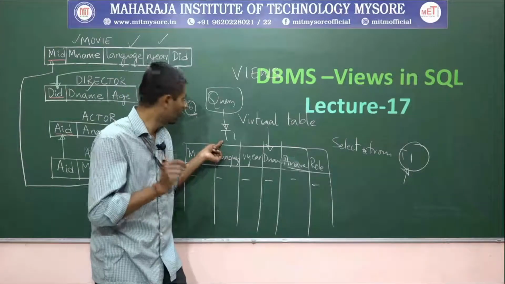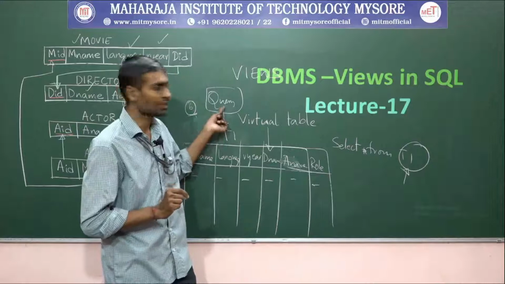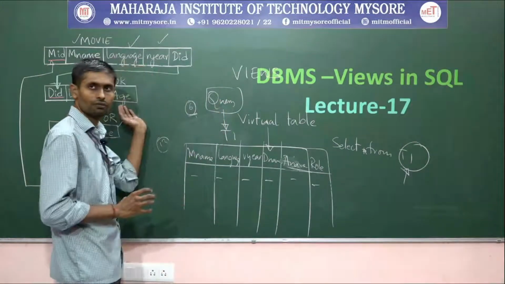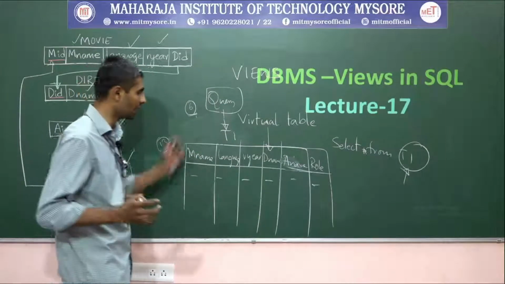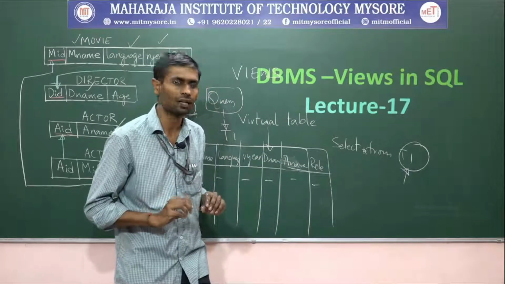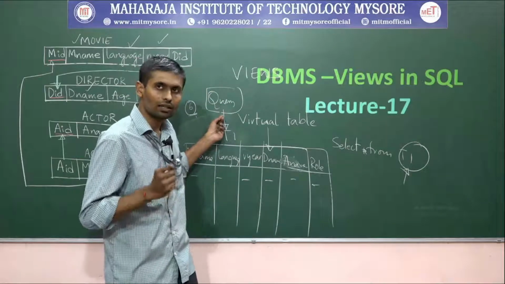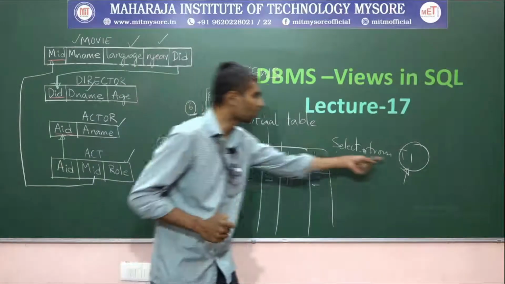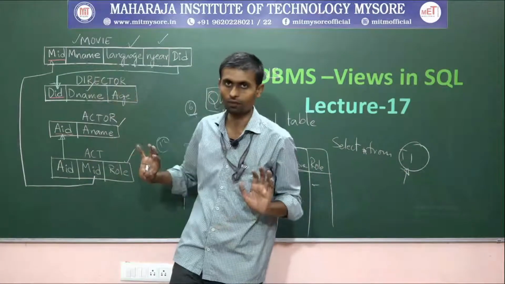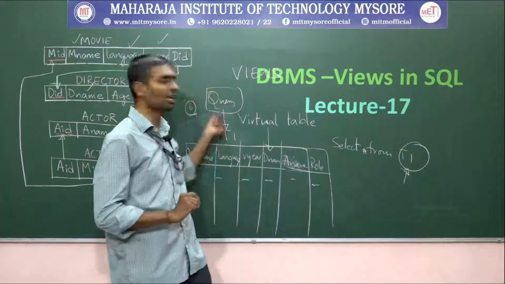Instead, T1 points to a query, and that query contains attributes from different tables based on our interest. So this is called by a name, and it gives a feeling that there is a table like T1, but actually no such table exists. T1 is a name given to a query.